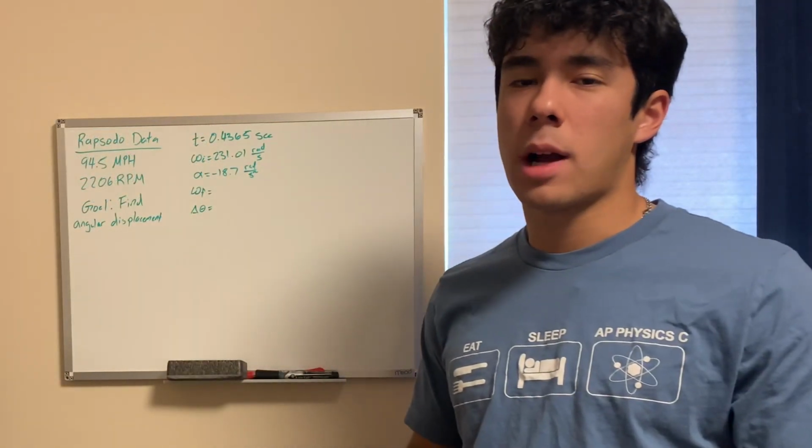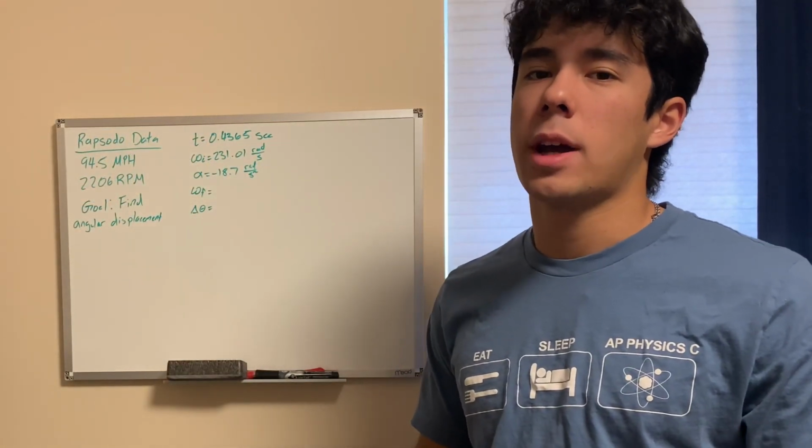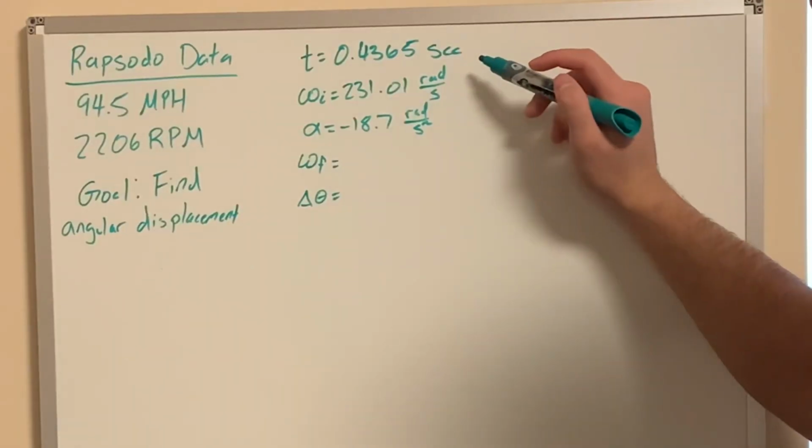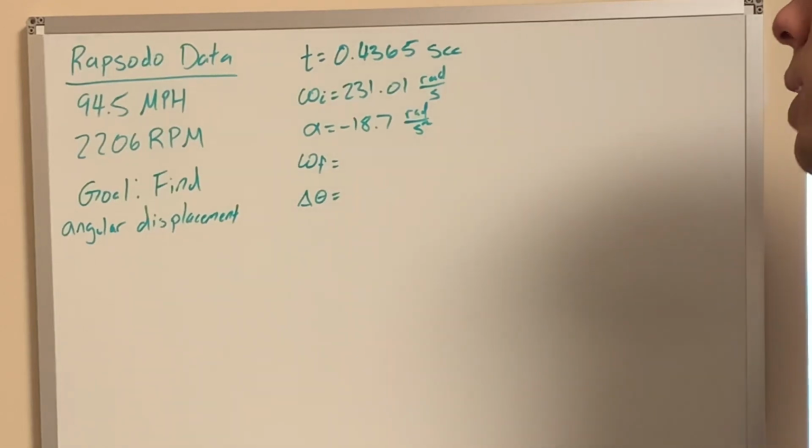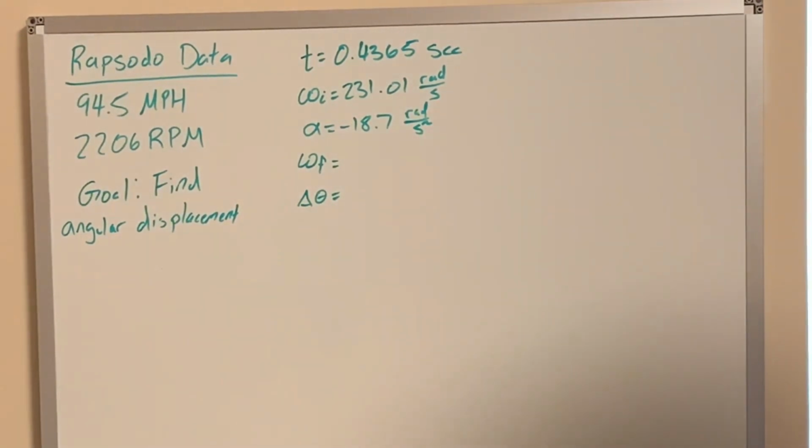Now to complete the problem, we can go back to angular kinematics. We solve for the time that the ball is spinning in the air. We know that the initial angular velocity is 231.01 radians per second. We said that the ball is slowing at a rate of 18.7 radians per second squared.